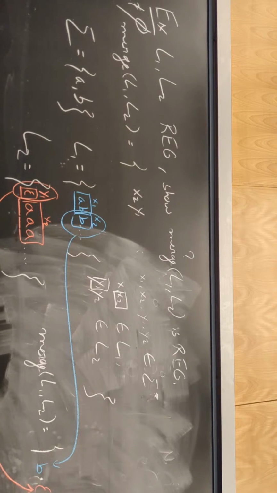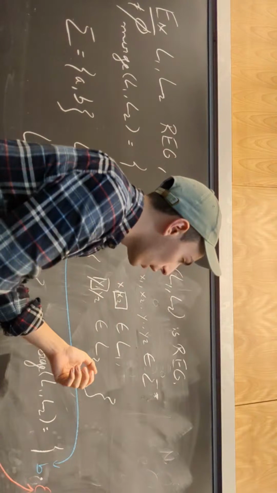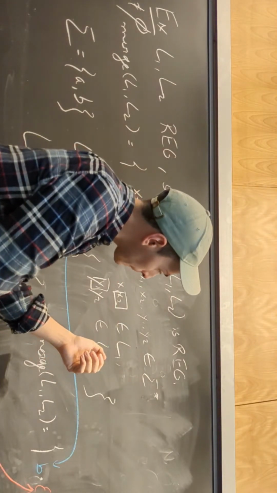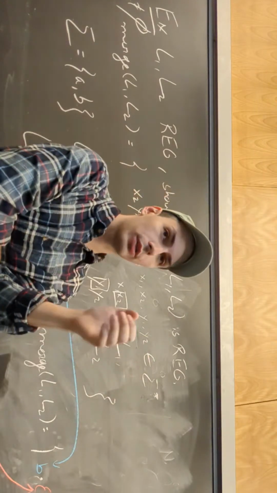Right? Okay. So now what I want to do is create a machine M prime, which is going to simulate this operation of merging, and accept the input string if and only if that operated string is in merge L1 and L2.